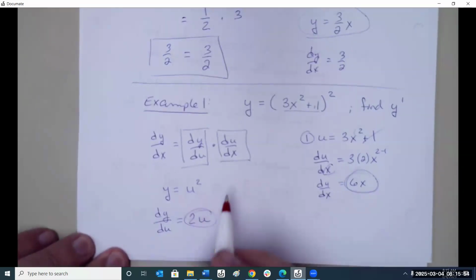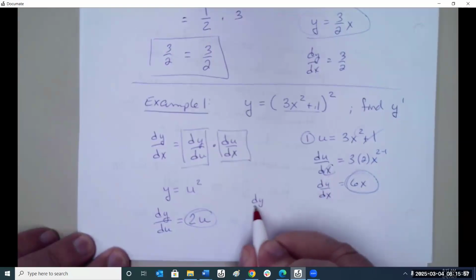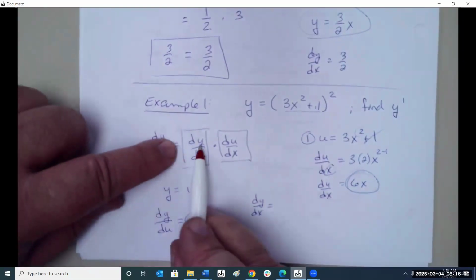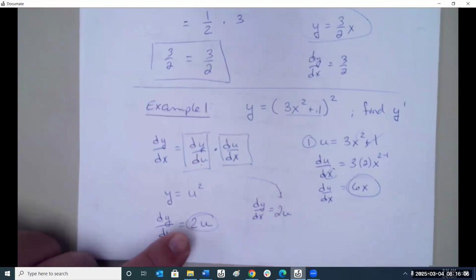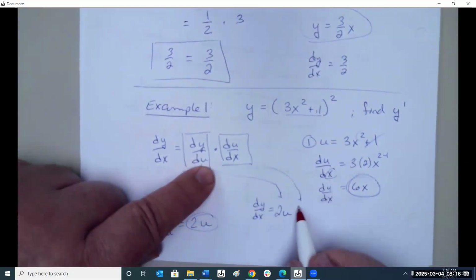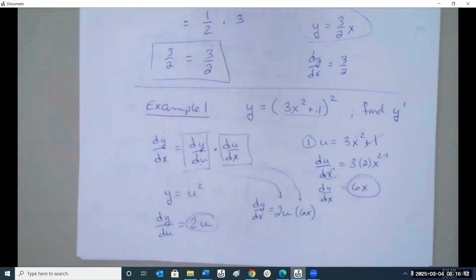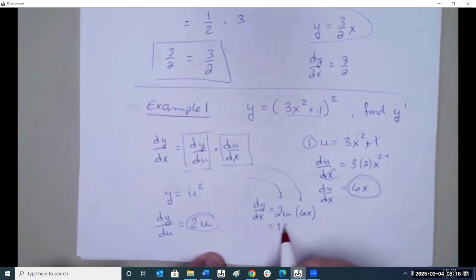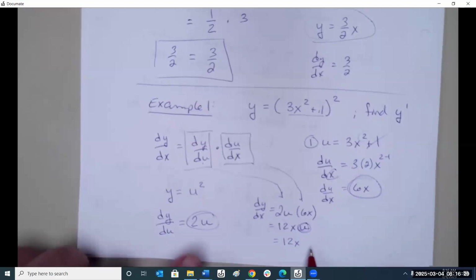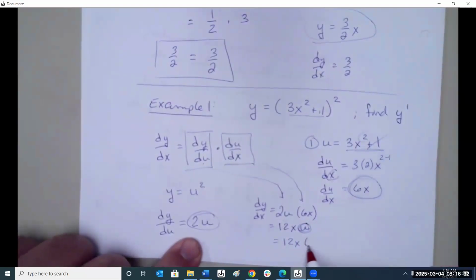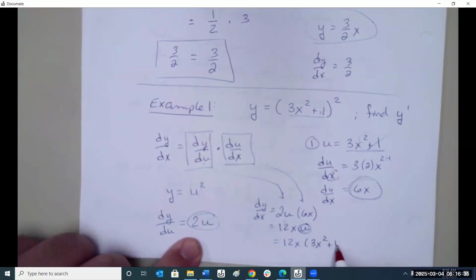Now we have our two parts. So dy dx: dy du is 2u, du dx is 6x. Two times 6 is 12, x times u. Well, what is u? Right, so that's 3x squared plus 1.